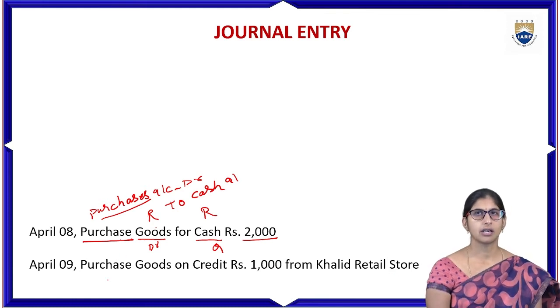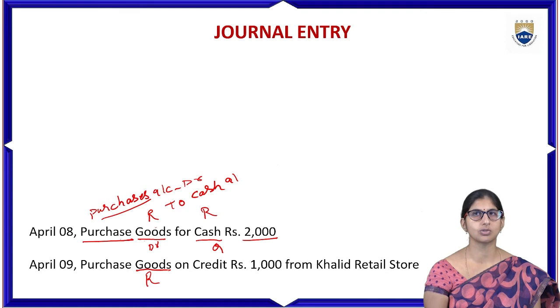So here now again we have to identify what are the important items. So coming to the items, goods is one important item and this goods is a real account item, and on credit we are purchasing these goods from Khalid retail store.